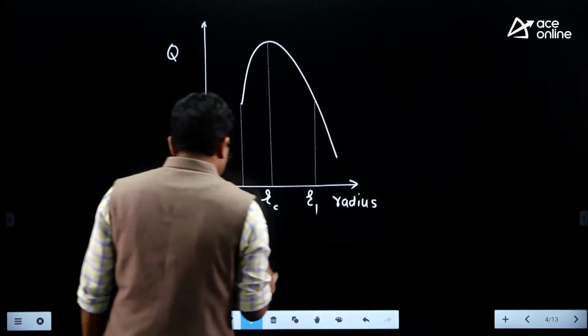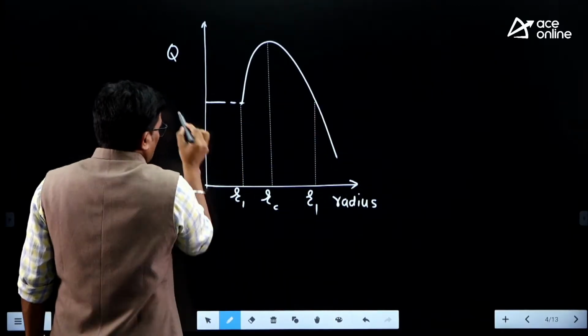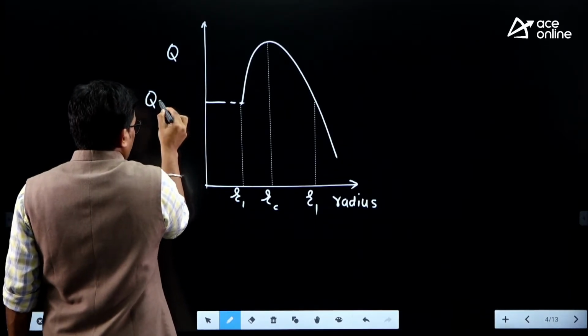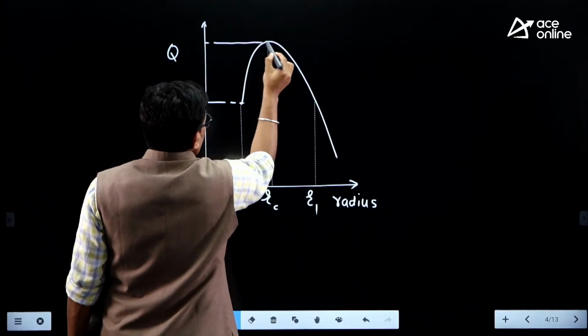So if I assume this is the original, without insulation, and this is your Q max.